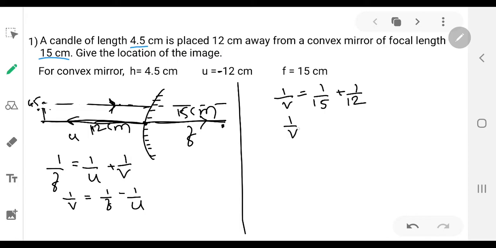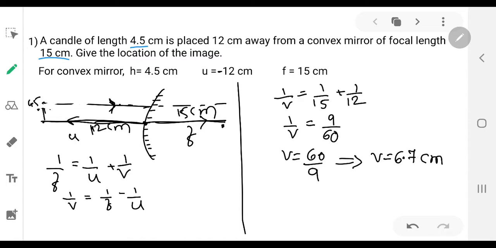So 1 by V is equal to 9 by 60, or V is equal to 60 divided by 9. So this implies V is equal to 6.7 centimeter. So the image distance is 6.7 centimeter from the pole of the mirror.